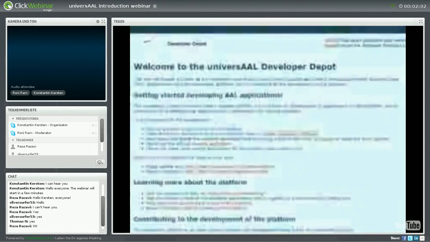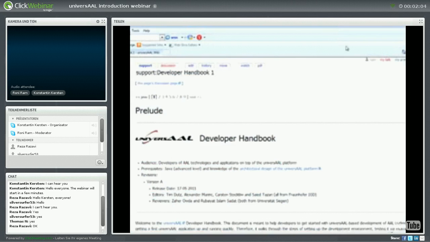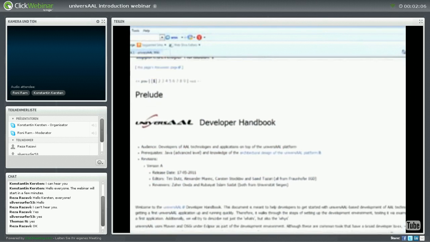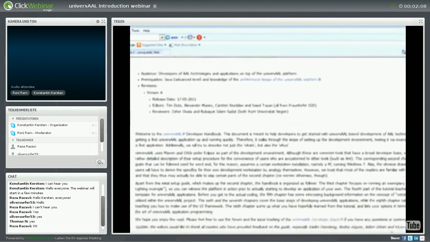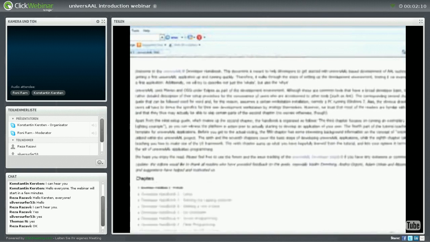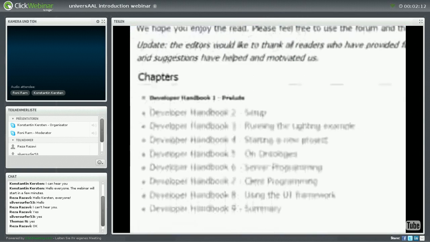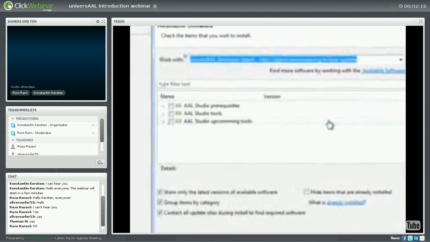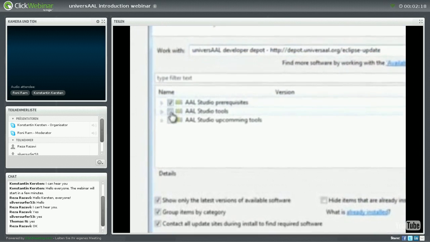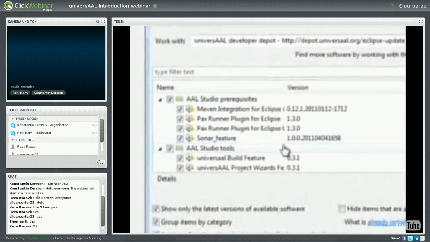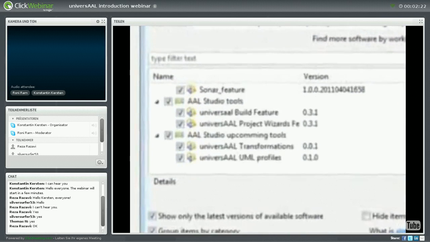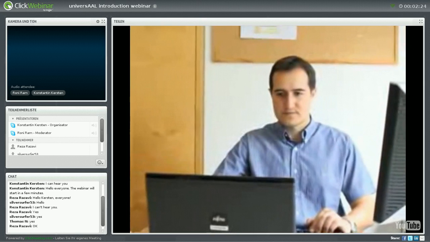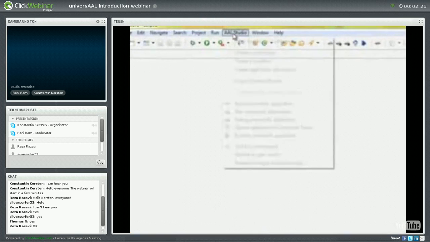The online developer handbook consists the basics about how to use the Universal platform. The available developer tools at the Tools Wiki pages instruct the user with the installation process of the AAL Studio, an integrated development environment based on Eclipse for building applications and components using the Universal Execution Platform.